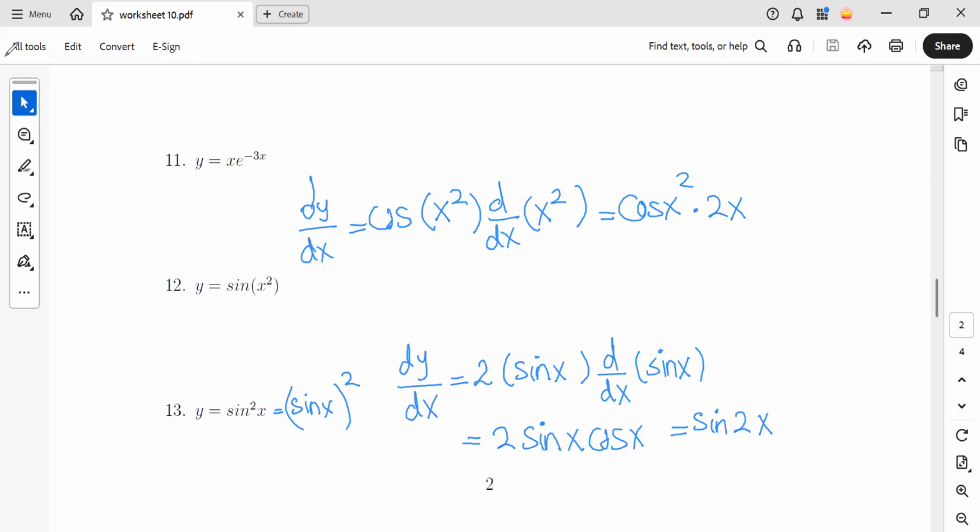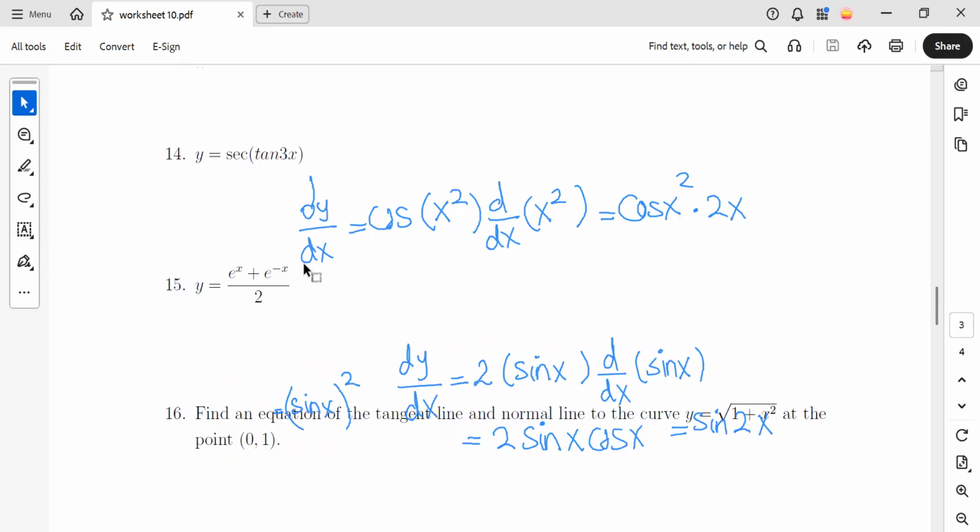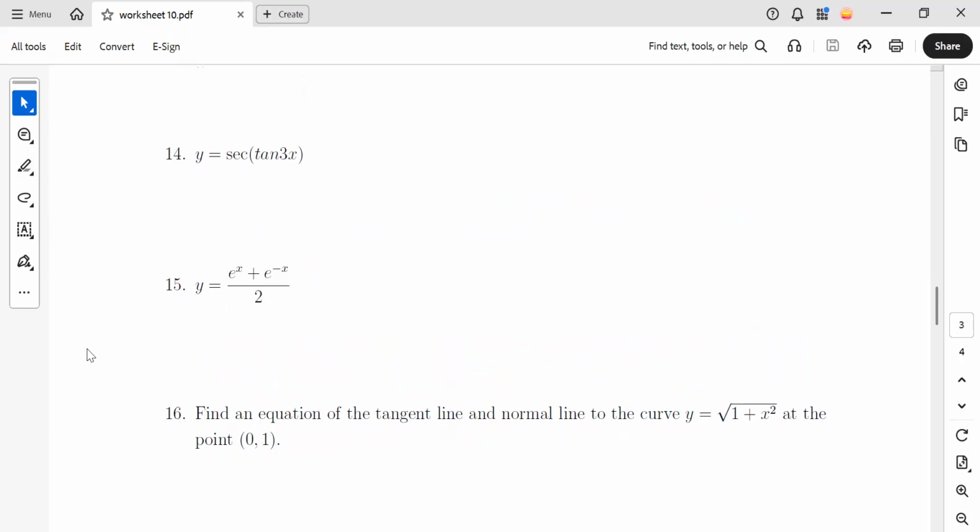Next page, it will be number 14 here. It is secant. So the overall function here is secant. dy/dx. The derivative of secant as a function is secant tangent. But in here, we don't have just x.